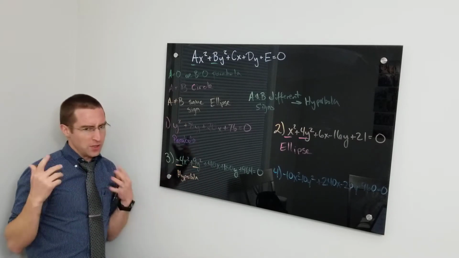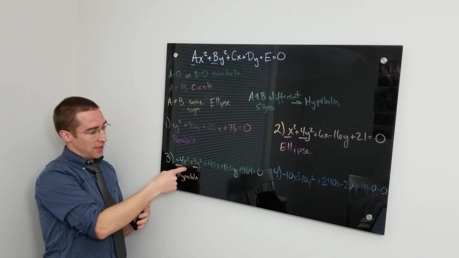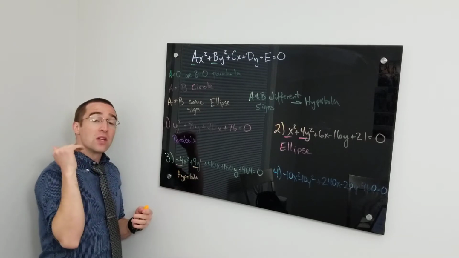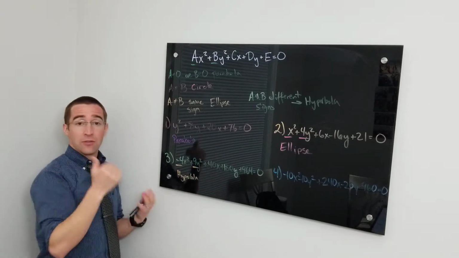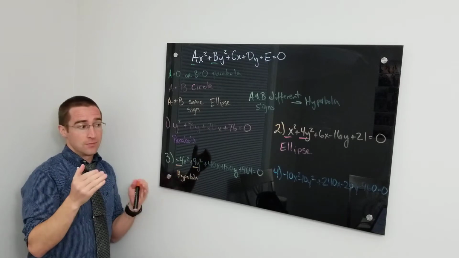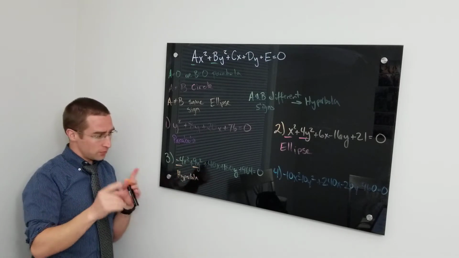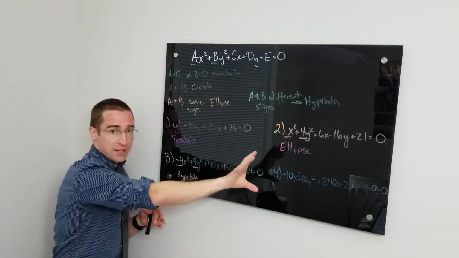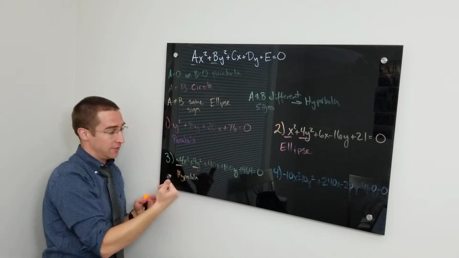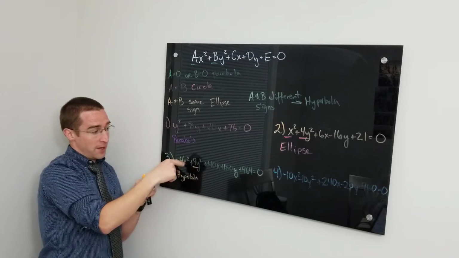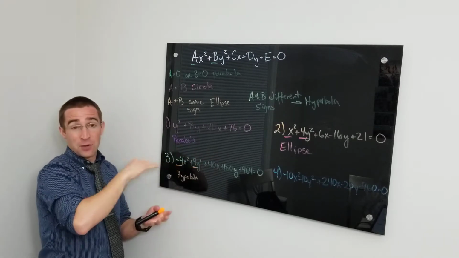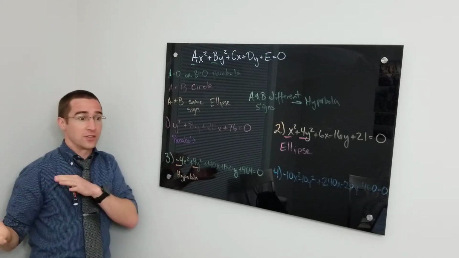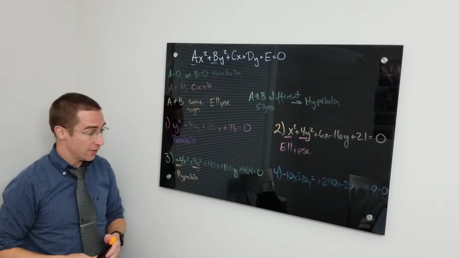Now, if you look at it, you would assume that you would have a vertical transverse axis because the y squared is positive, but we don't know yet, through the work of rewriting it in standard form, whether we're going to get a negative over here. If we get a negative over here when we rewrite in standard form and then we divide by a negative, dividing by that negative would make this positive and that negative, and then it would actually give you a horizontal transverse axis. So make sure you go through the steps of actually rewriting the equation in standard form.